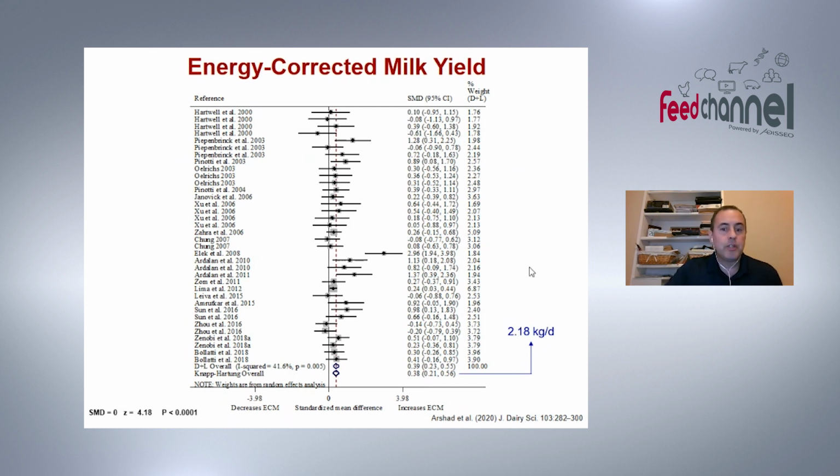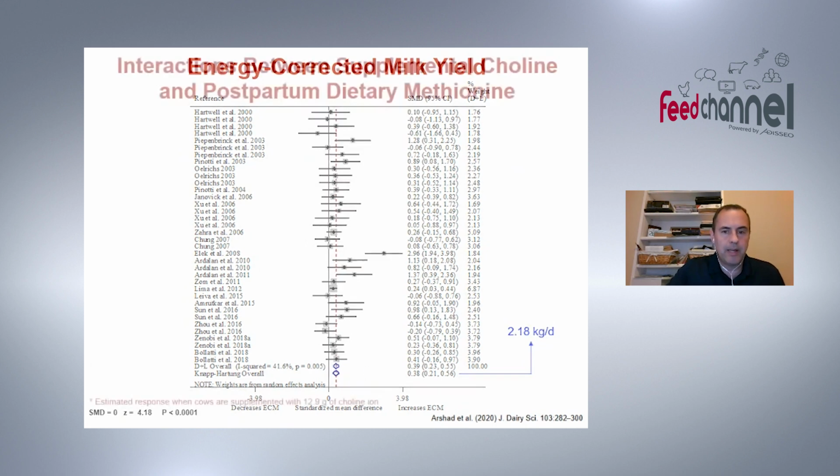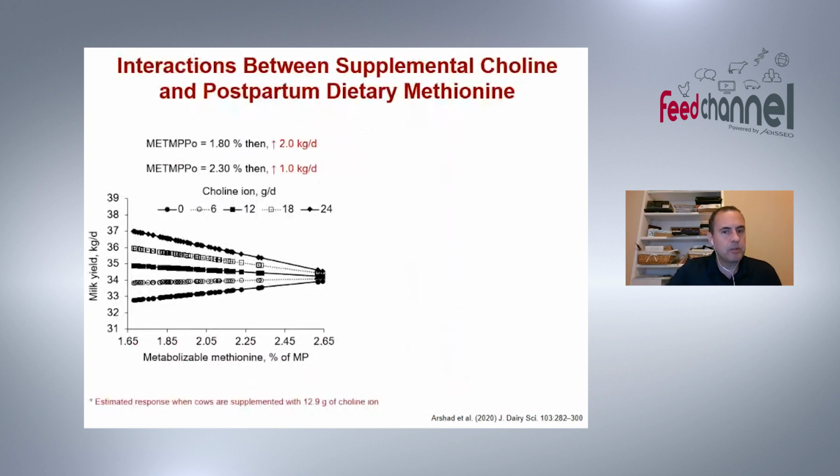But I mentioned to you that this was dependent upon supply of metabolizable methionine, because we observed some heterogeneity in the response, because the magnitude of response was dependent on supply of methionine. And this is how the data looked. When diets had a moderate to low proportion of the metabolizable protein as metabolizable methionine, the response to choline was substantial.